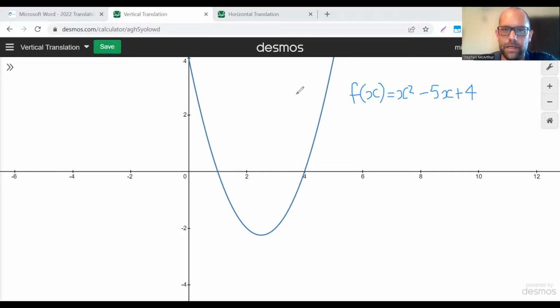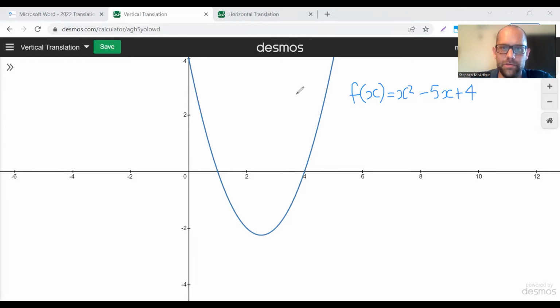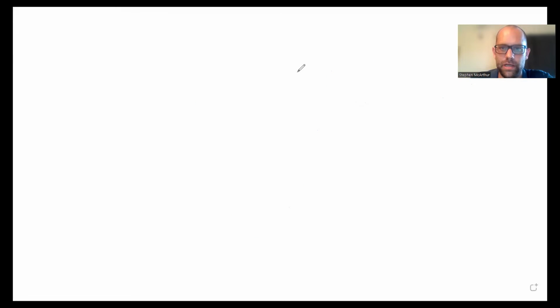So let's just write this down for ourselves. Give ourselves some working out space. I'll do the original in blue, and we'll do the new one in a different color. So for drawing graphs, we know y is equal to f of x, and we need to define that function.